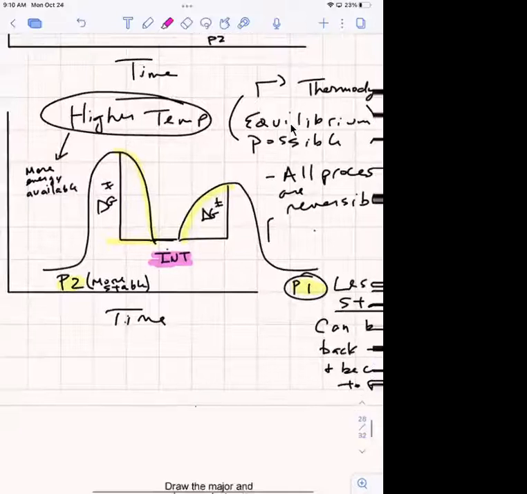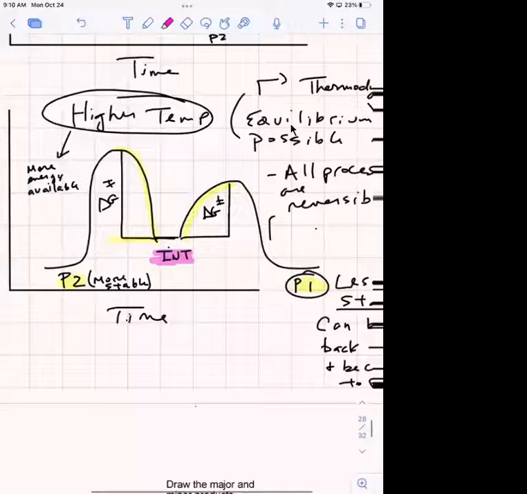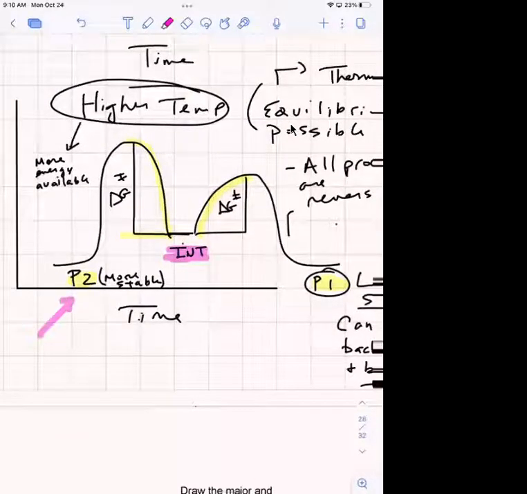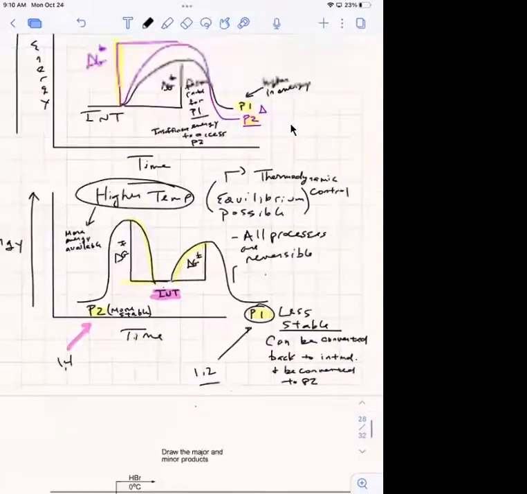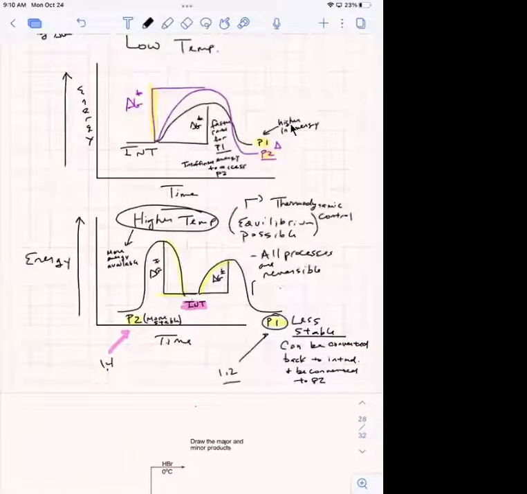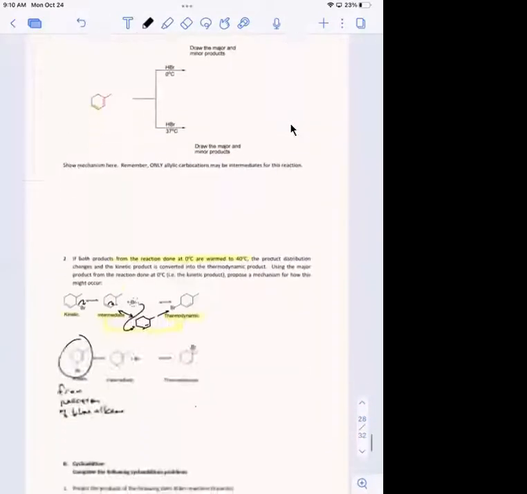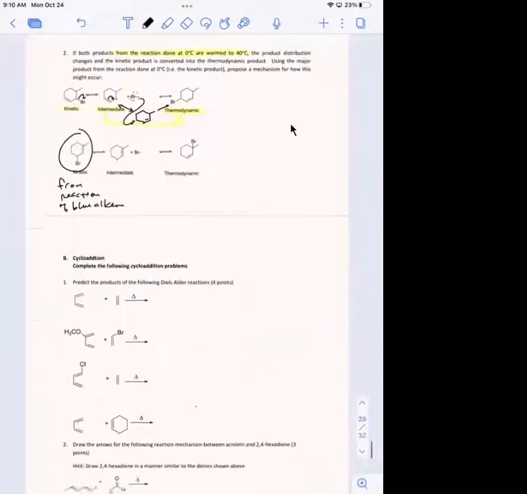So over here, this was 1,4, and this was 1,2. But at higher temperature, that less stable, higher energy product can actually decompose and go back to the intermediate. And that's what we talked about in this example here.